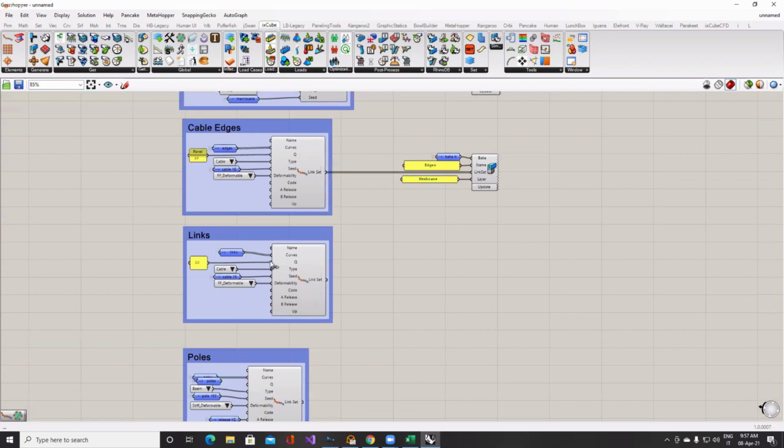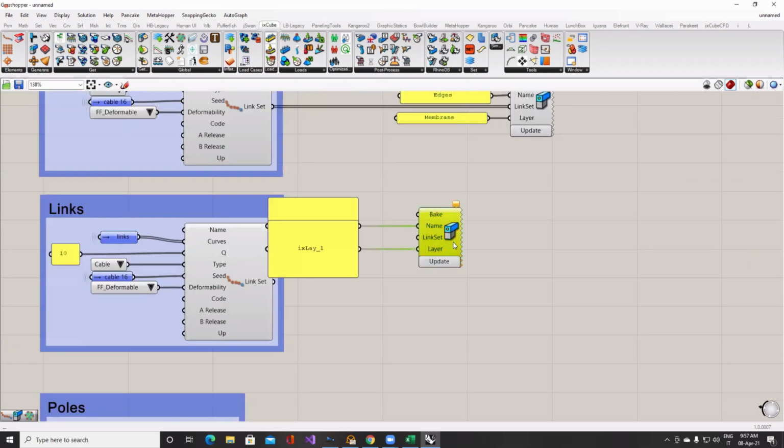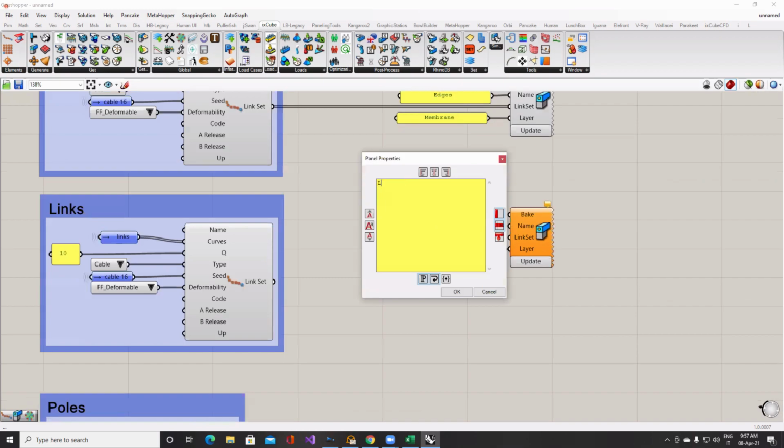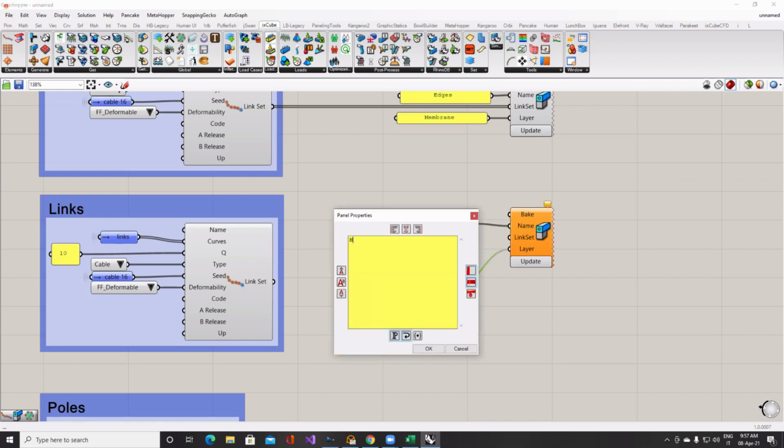The links. The links again are two-dimensional elements, and we need to create a FEM2D group. These are my links. And I will put them again in the membrane layer.